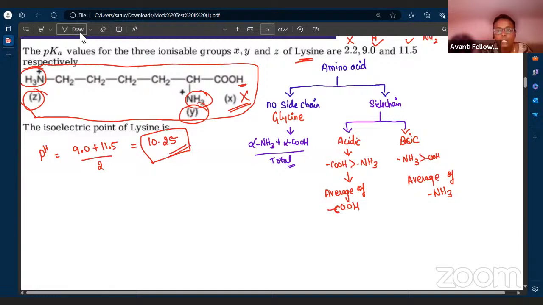Moving to this question. The specific rotation of 2-butanol is 12.5 degree.